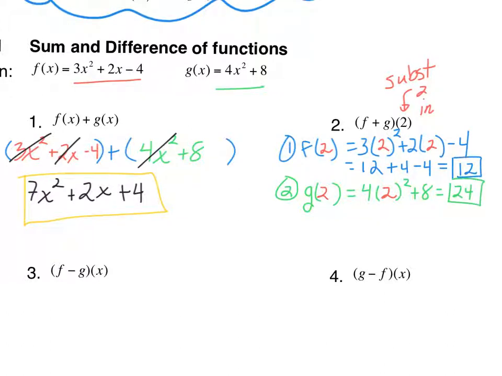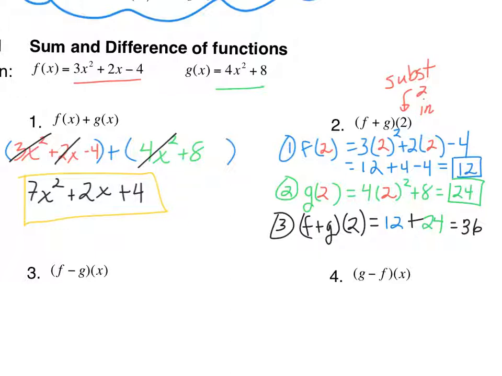And so then my third step would be f plus g of 2 is equal to the 12 plus the 24. And so that's going to equal 36.